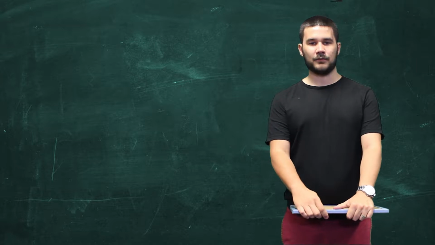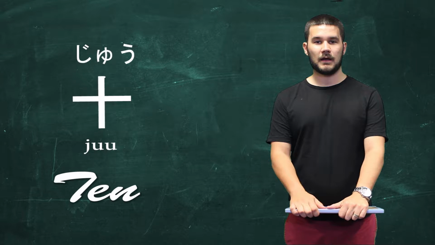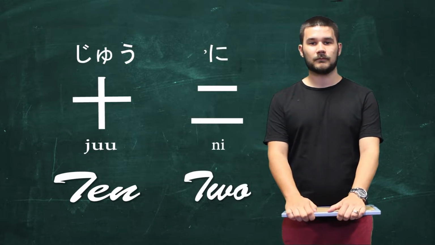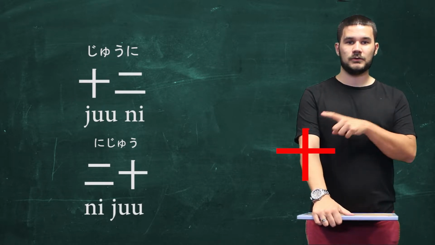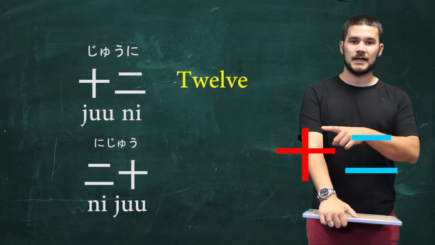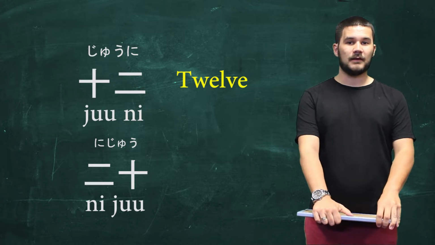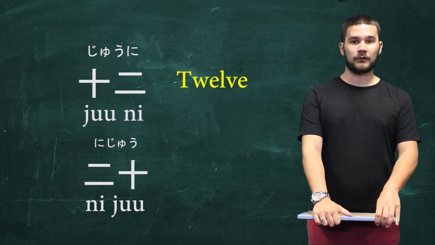So, for example, we have 10, which is ju. Then we have ni, which is 2. If ni was behind 10, such as ju ni, it would be 12. 10 plus 2 is 12. If instead we had the smaller number in front of the larger number, it would modify it.